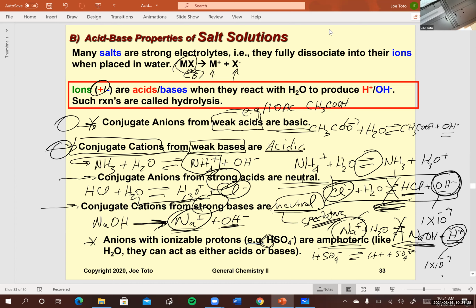Or not. Or it can add a proton and reformulate what it came from. So it's either an acid or a base. It's amphoteric.